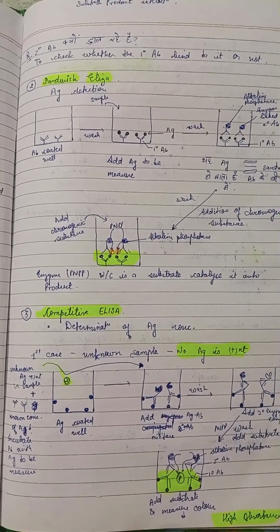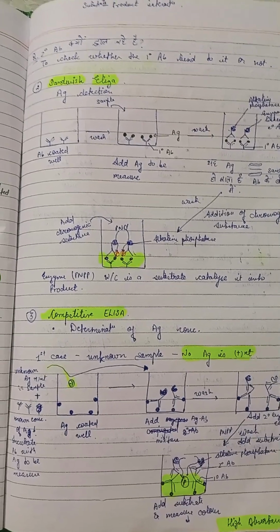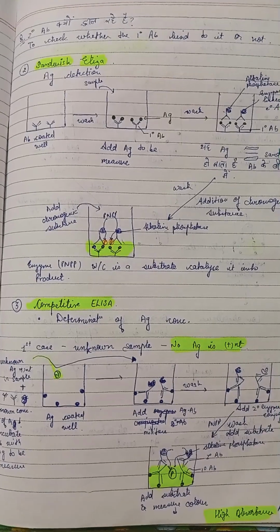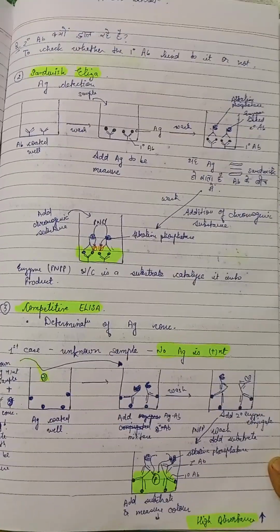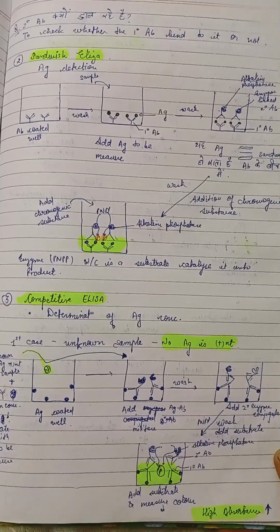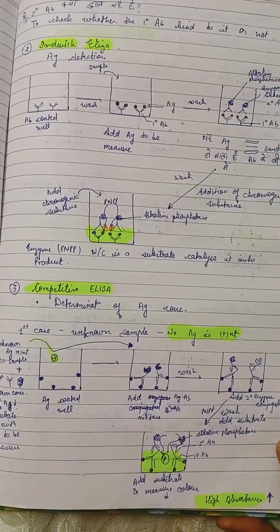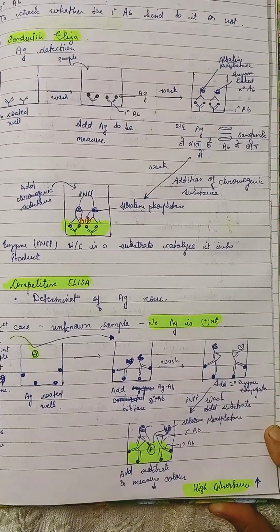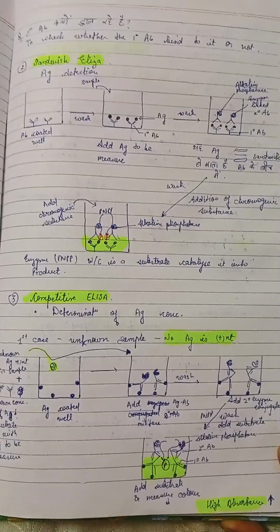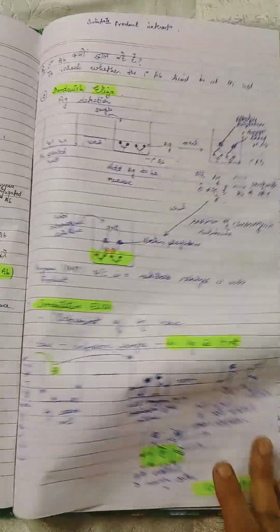Since your sample has no antigen, the enzyme-conjugated antibodies bind to the well, and then you add the secondary antibody, wash, and add PNPP, and then you observe the color. When your sample has no antigen, high absorbance is observed.